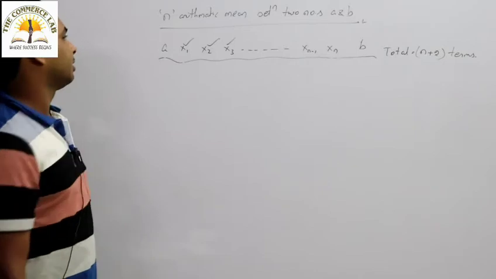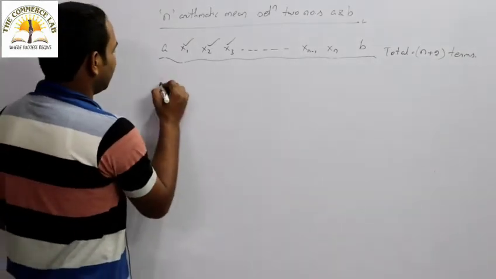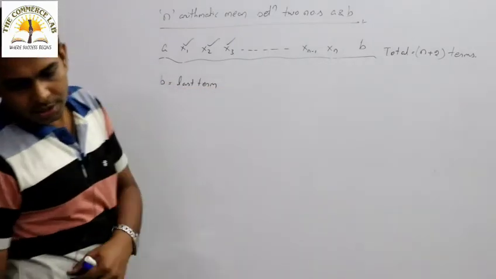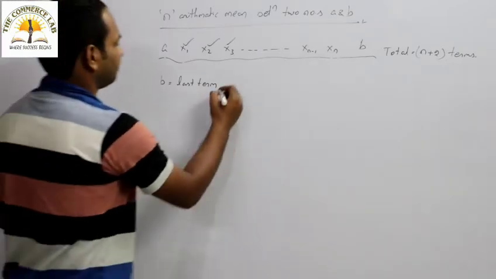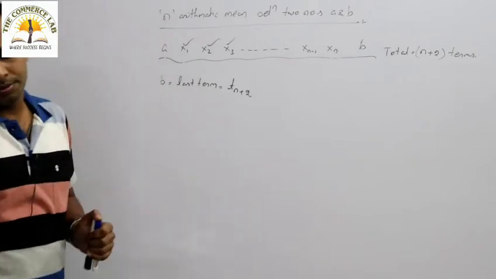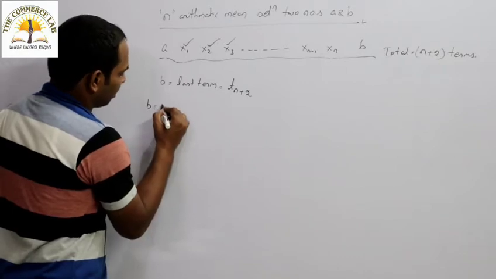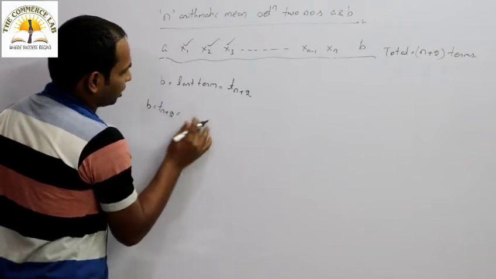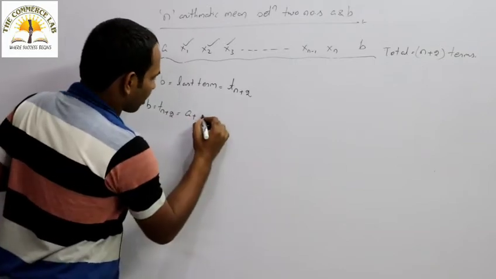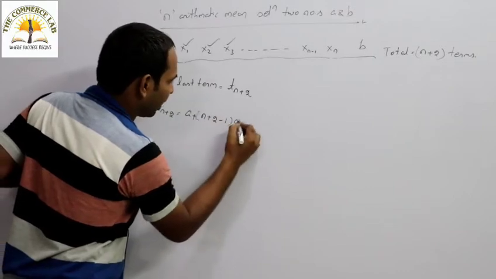Okay. Then here b is your last term, or T n plus 2. So b, or T n plus 2. We know Tn is equal to a plus n minus 1 into d.